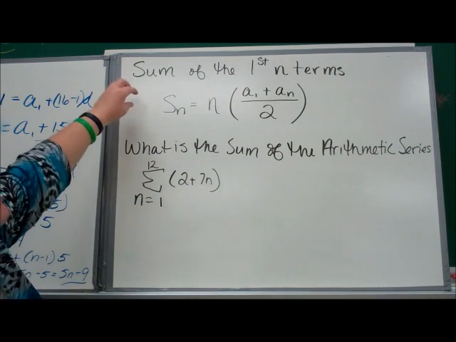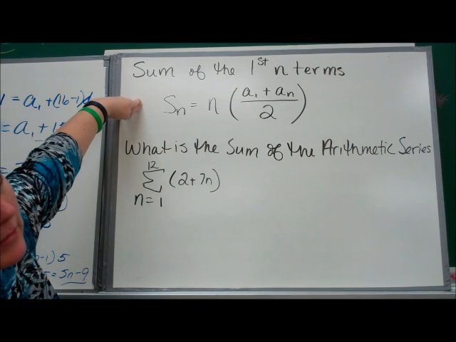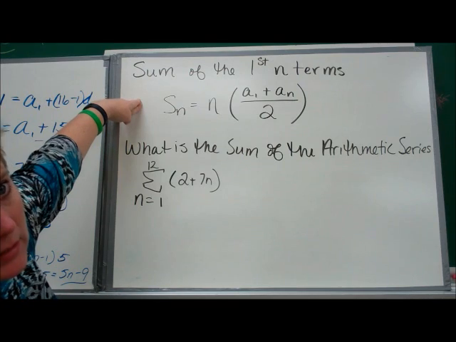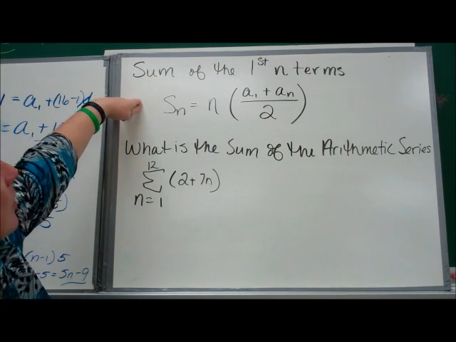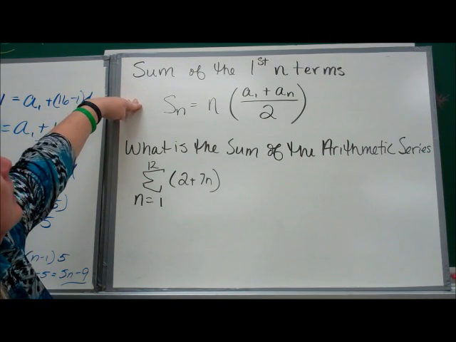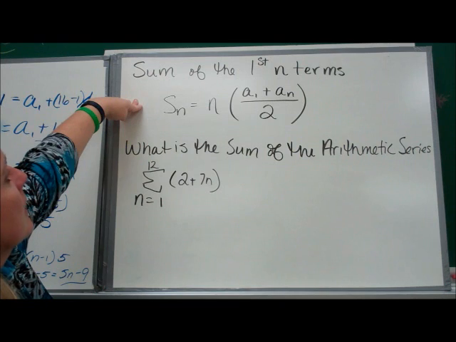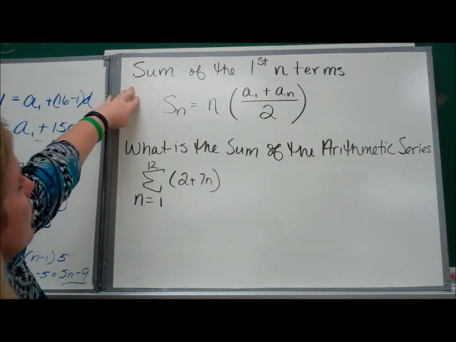Sum of an arithmetic sequence, or finding the series. Since it's arithmetic, you can't find the sum of an infinite series because it's going to go on to positive or negative infinity. But we can find the sum of a finite arithmetic sequence pretty easily by using this formula.